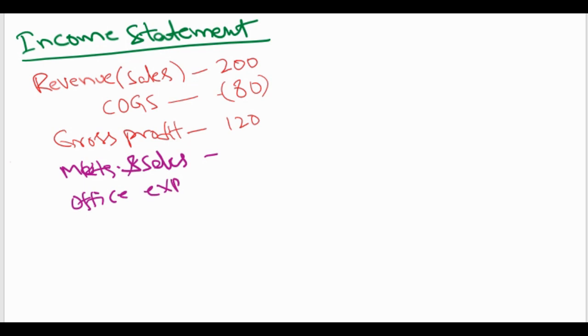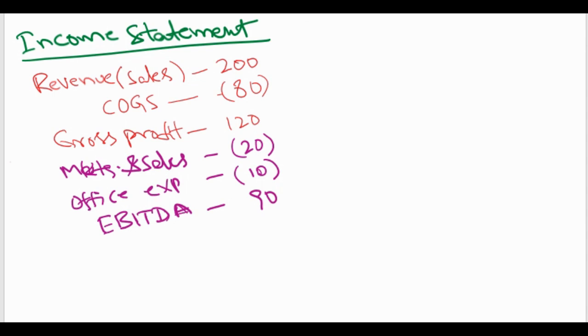So let's say marketing expenses of 20 million and then office and admin expenses of 10 million. So now what you get? EBITDA. So here 120 minus 30 is 90 million. So EBITDA is 90 million. What is EBITDA? Earnings before interest, tax, depreciation, amortization.